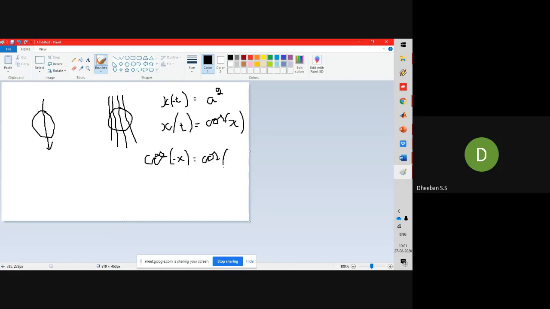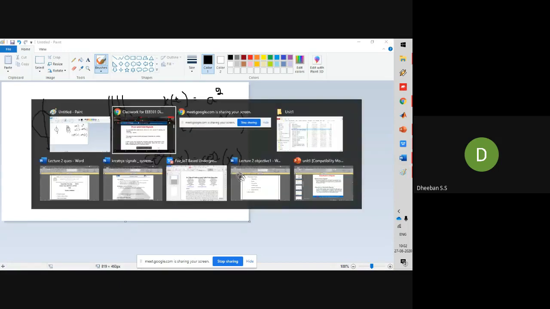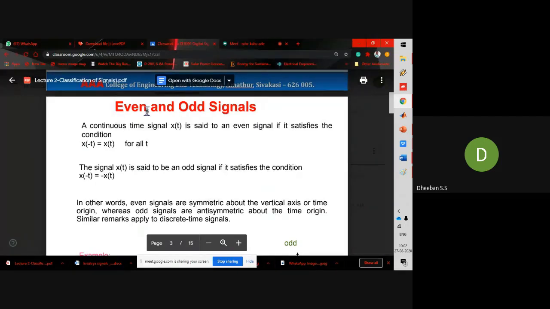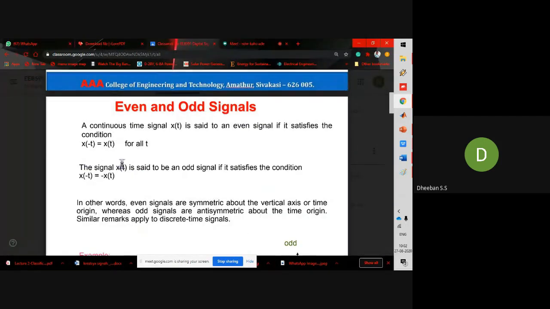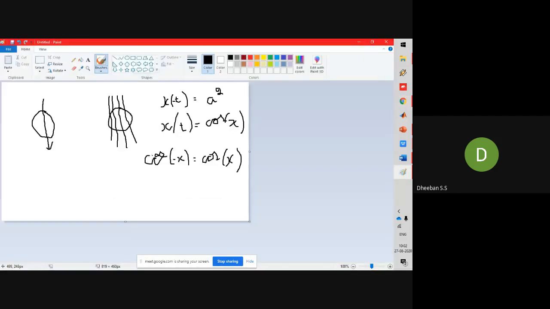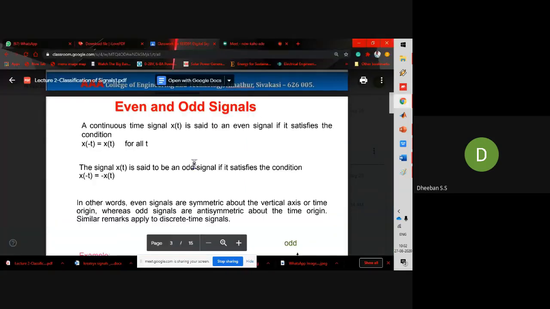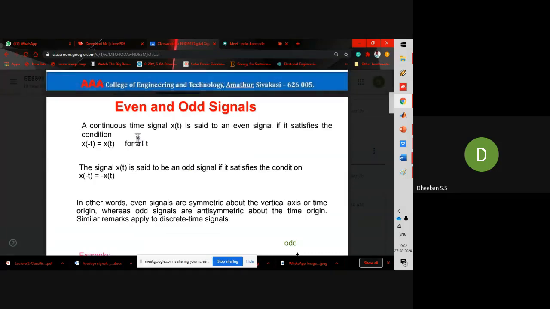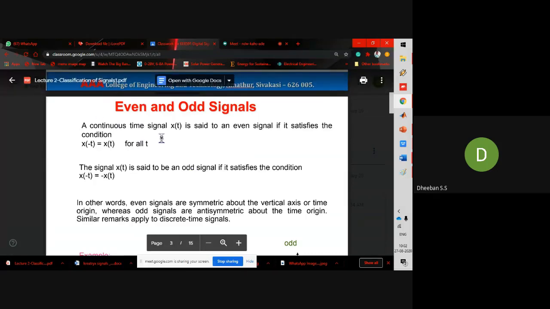If you substitute the function with minus as the input, the output also gives the same value. That depends upon your even function. If you go for tan of minus x, the outside will get a minus. That depends upon your odd signal.